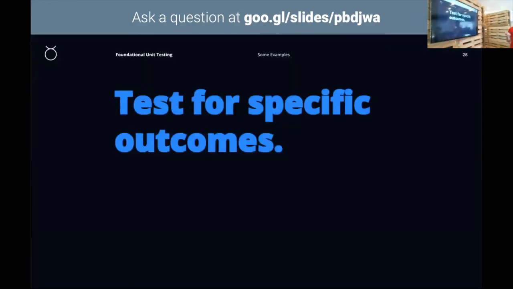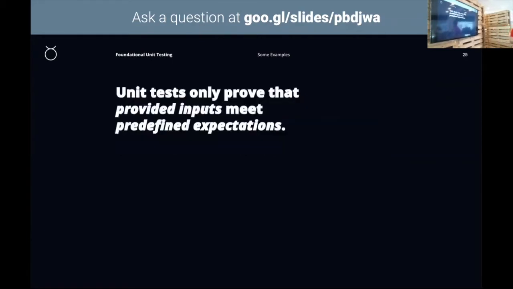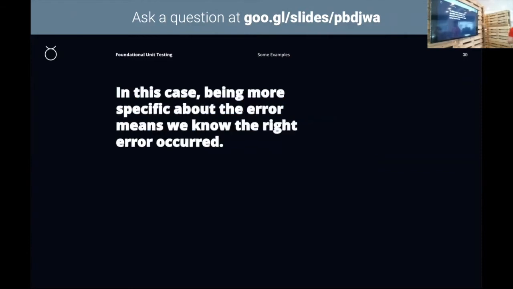So the important thing is to test for specific outcomes. You need to have strong expectations about the way it should behave in different scenarios. A unit test will only prove that provided inputs meet predefined expectations. So you need to be more specific in this case about the error to make sure the right error occurs.